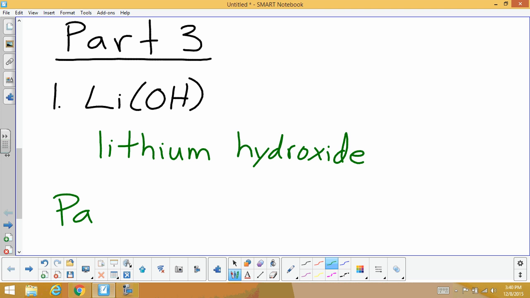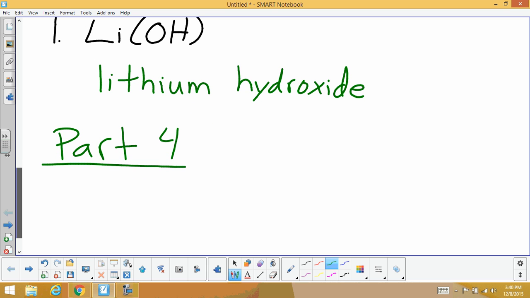Part 4. Part 4, we're doing a metal and non-metal polyatomic, but we're going from the written version of the names to the symbols. So we have beryllium, then our polyatomic coming from that is carbonate.